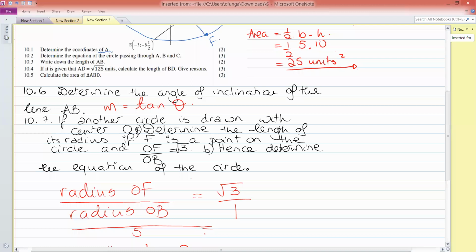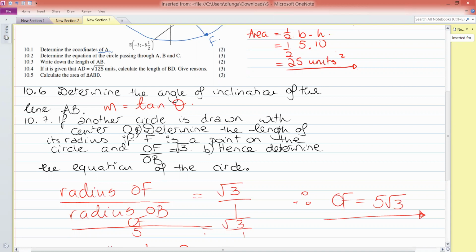But we don't know what the radius of OF was. But what have they done? They've given us a proportion, which is √3 over 1. So given the proportion and another value that I do know, I can work out what OF is. Therefore, my value for OF, I'm just going to cross multiply, is 5√3.